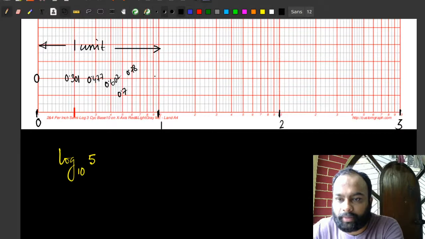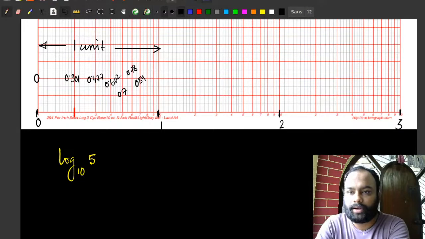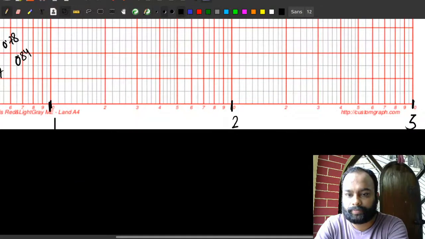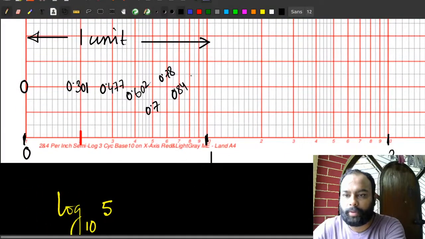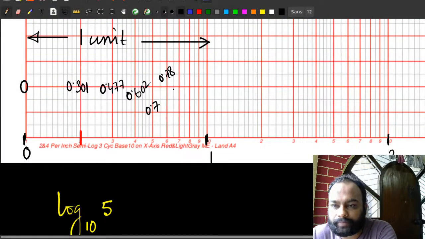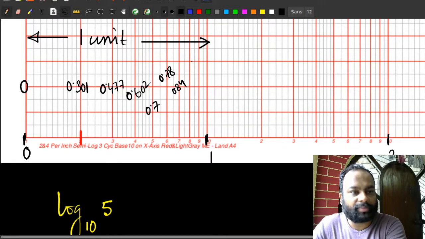That's going to be 0.84. All right. Let me zoom in. It's going to be 0.84, right? Again, if I measure this distance from this point up to this point, how much would this length be?